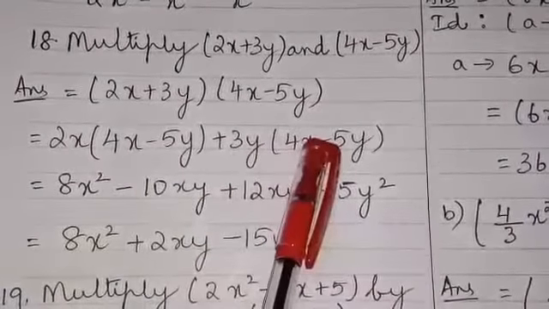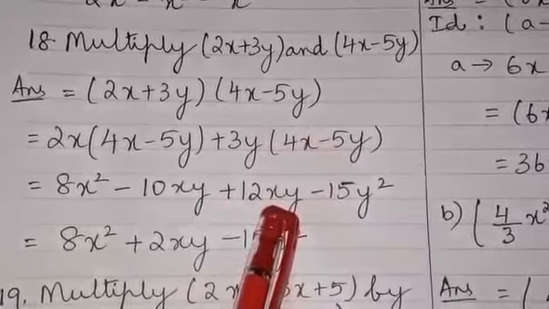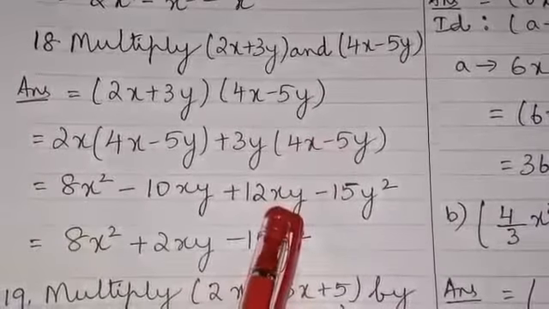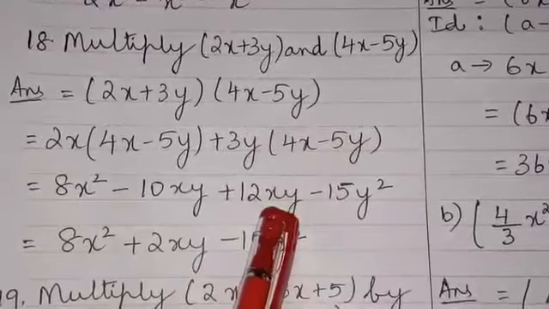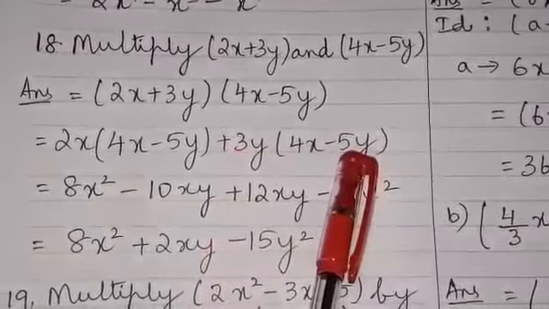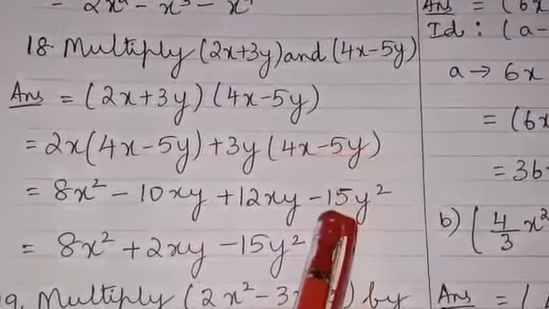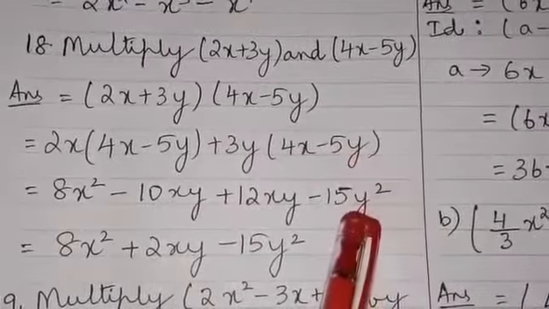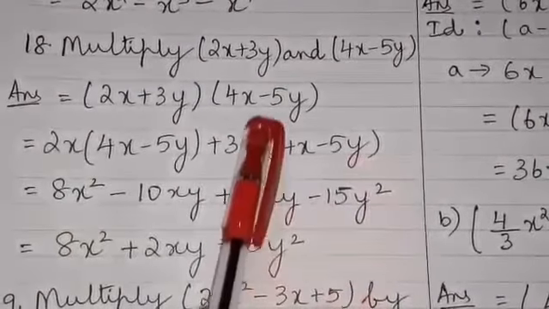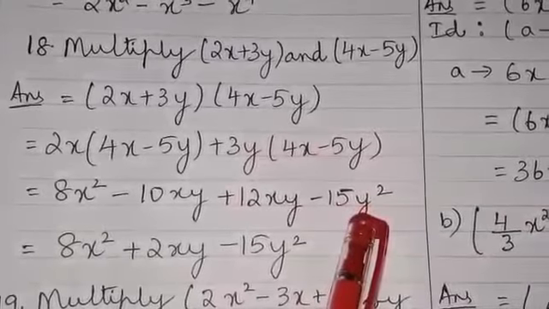Y into x is yx or xy, both are the same. Next, we need to multiply plus 3y with minus 5y. Plus 3 into minus 5 is minus 15. Y into y is y square, because y to the power 1 into y to the power 1 is y to the power 1 plus 1, which is y to the power 2.